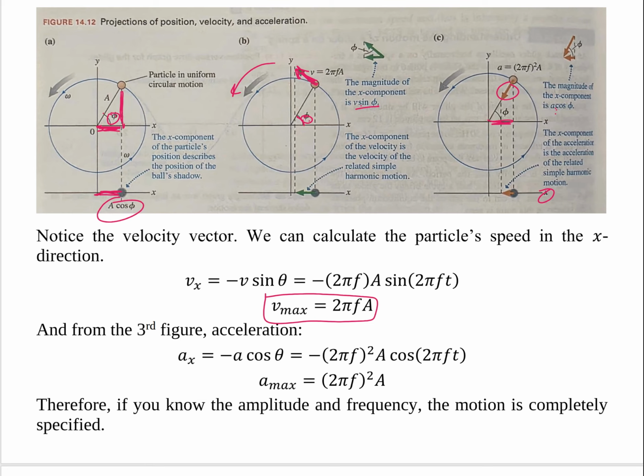And then from this third figure, the acceleration, we can get a maximum acceleration by doing that math there, and it's not worth explaining probably. We just have those formulas that we can use. So if we know the amplitude and the frequency, basically the motion is completely specified. We know the position, we know the velocity, we know the acceleration at any time, as long as we know those two things.